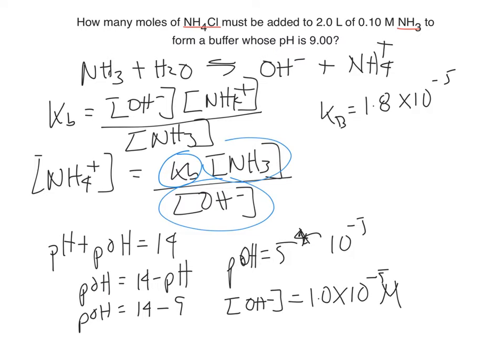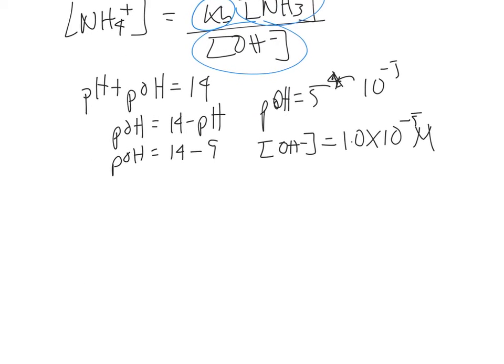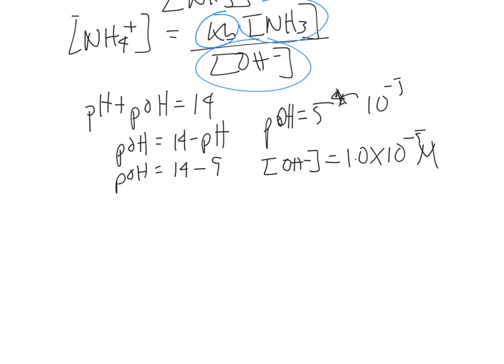Okay, so here we have the concentration of OH, the concentration of NH3, and the Kb value. So that means that we can now substitute all these values.